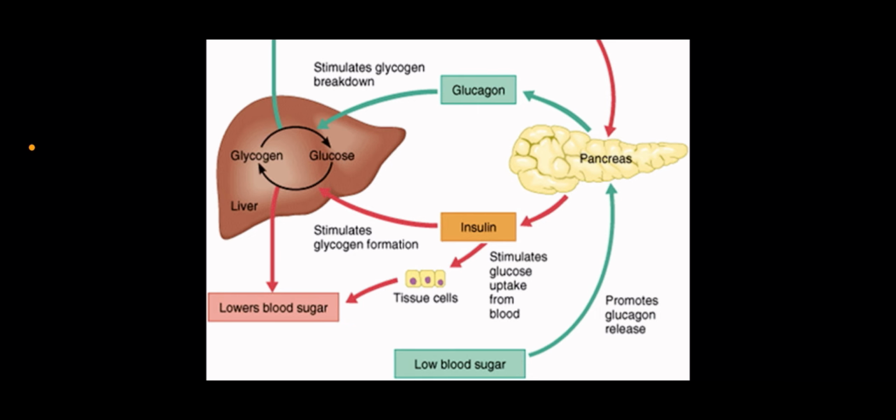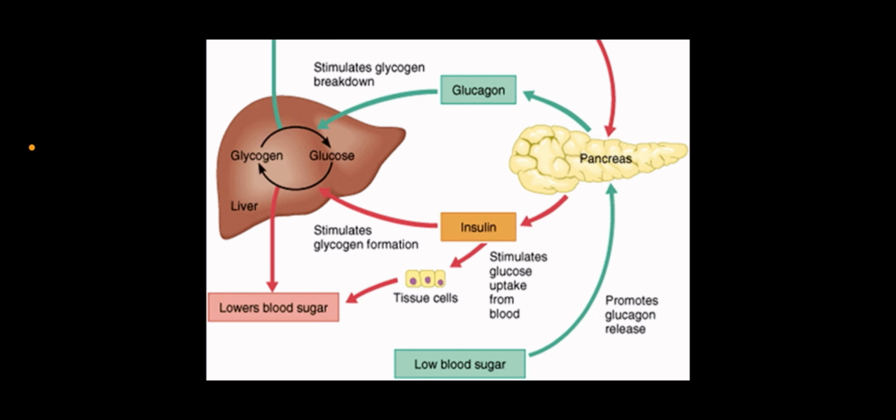Insulin is a protein made in the beta cells of the islets of Langerhans in the pancreas, and it is released when blood glucose concentration is too high, and insulin is there to lower it. It targets mainly the liver and skeletal muscles, and it's important to note that although insulin is made in the pancreas, no cells in the pancreas are targeted by insulin.